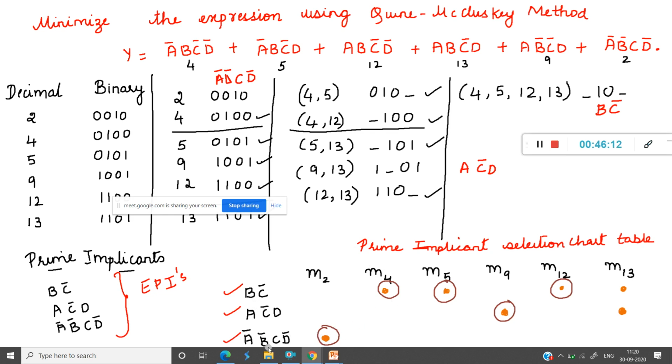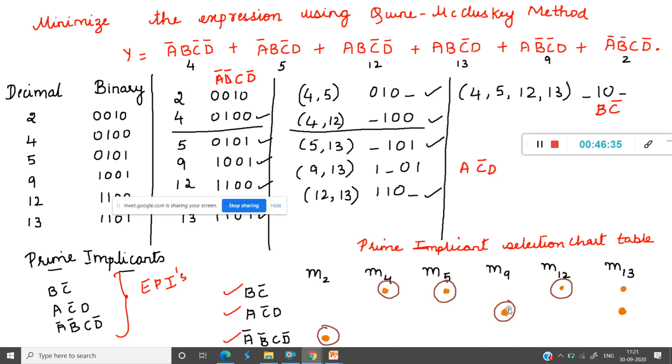In this, all three are essential prime implicants, because this column has a single dot, this column has a single dot, this column has a single dot, so that particular row is an EPI.